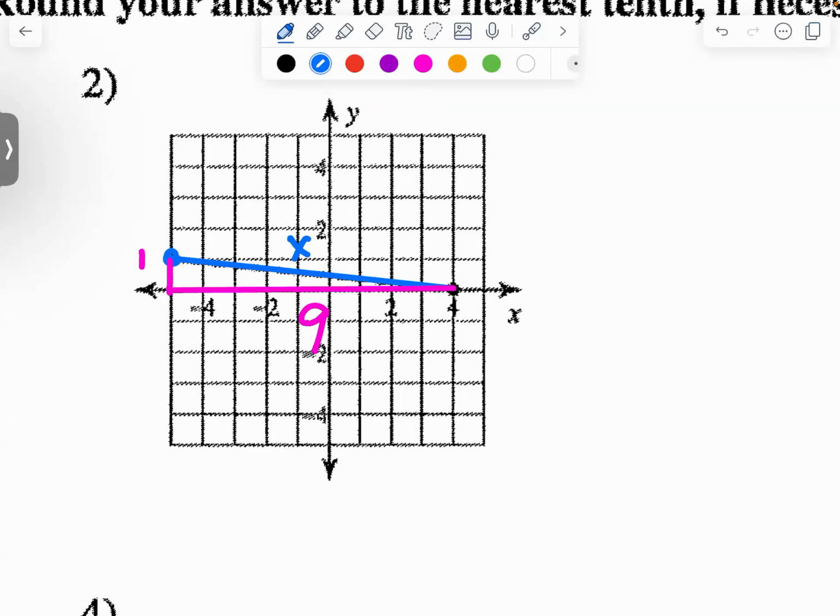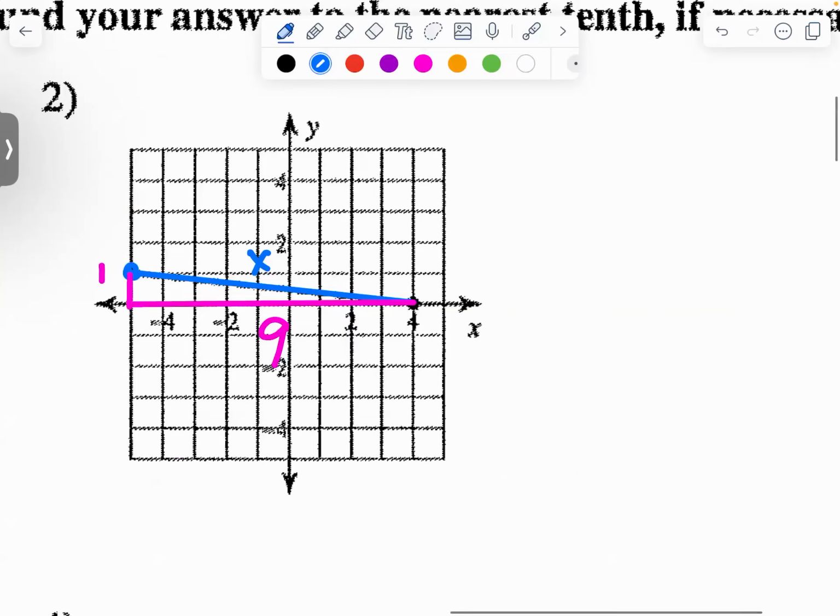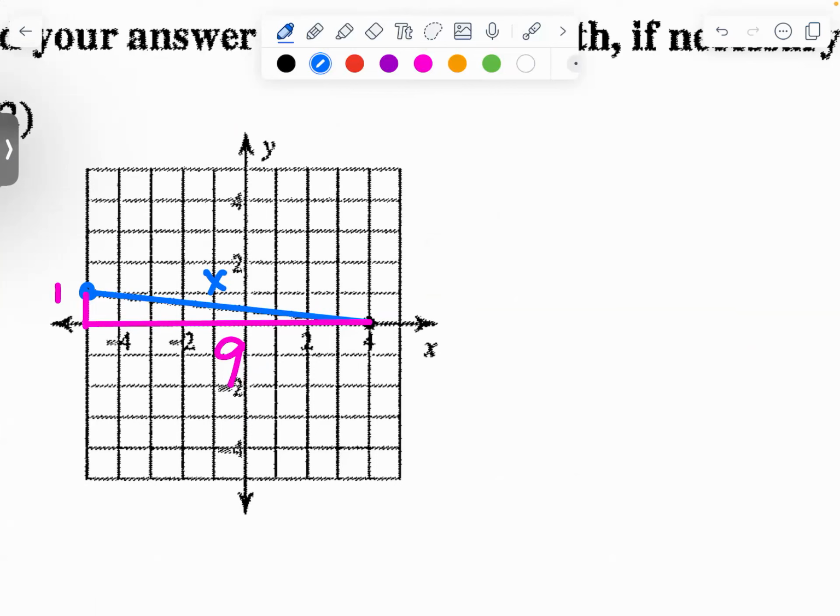Wait, what's one, two? One squared is 20. What's nine squared? 81? Two.